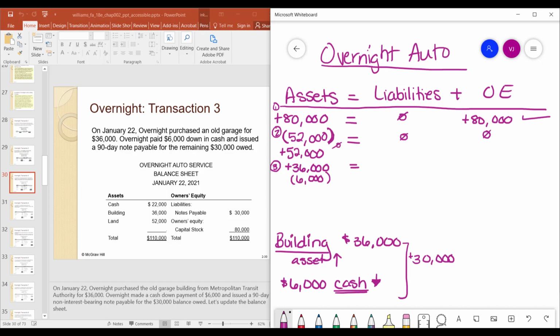They're still going to have to pay off the loan that they secured to buy that building. That loan is what we call a note payable. They have 90 days in this case to pay off this note payable. So if they paid $6,000 down on this $36,000 building, how much do they still owe on the building?